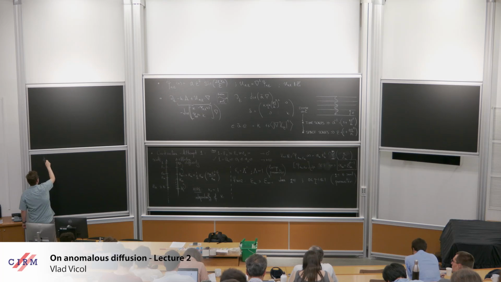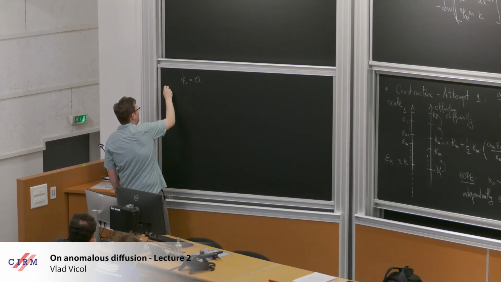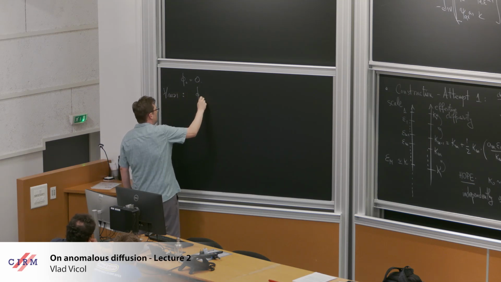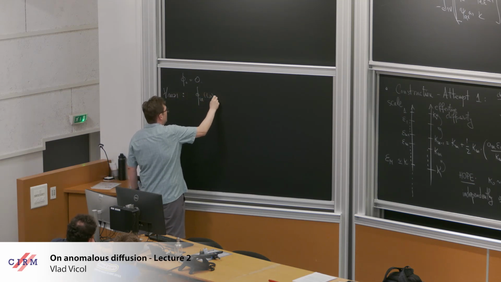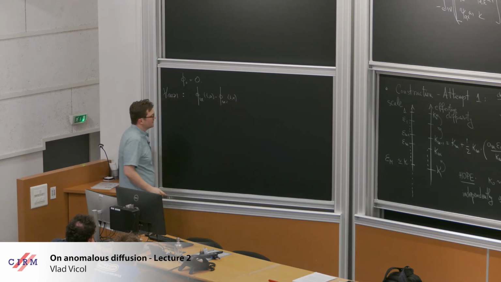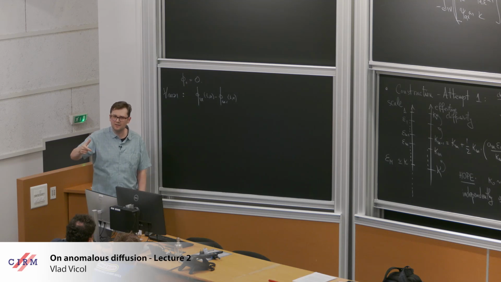So the base stream function is 0. And then for all m greater than 1, recursively define phi m of t, x minus phi m minus 1 of t, x. So these are stream functions. So I'm telling you what the stream function increment is, okay? And then you just add them up.